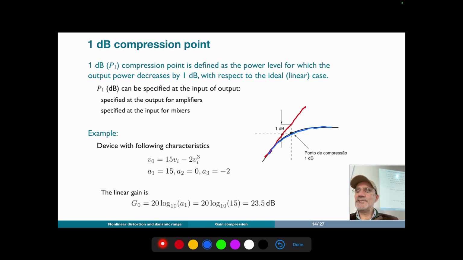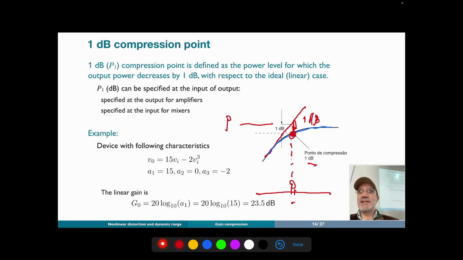And when this difference from the linear case is 1 dB, then this is defined as the 1 dB compression point. So it corresponds to a point here, and this point can be referred to the input or can be referred to the output. So either way, okay?